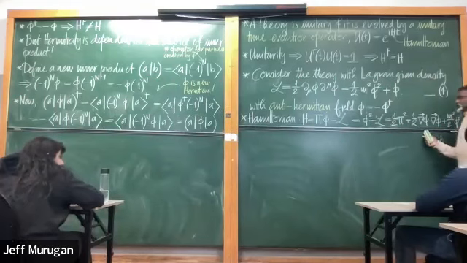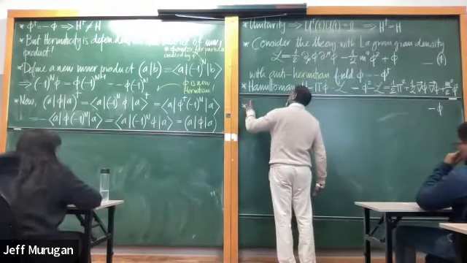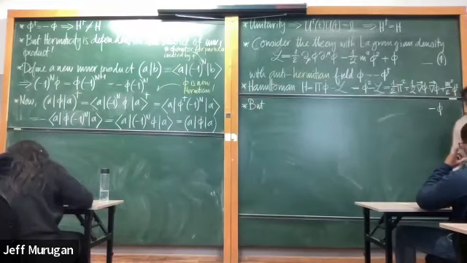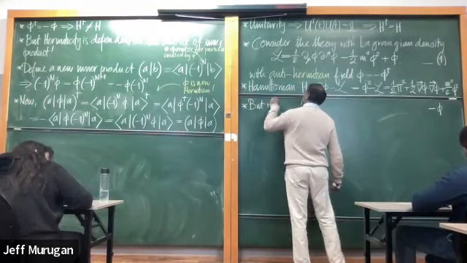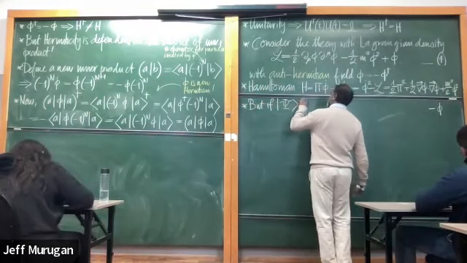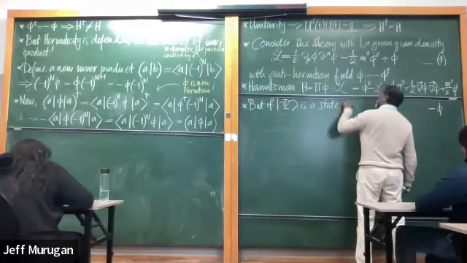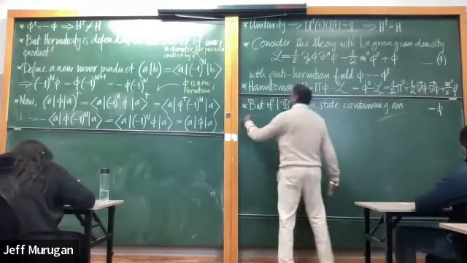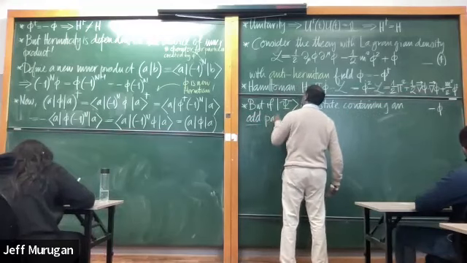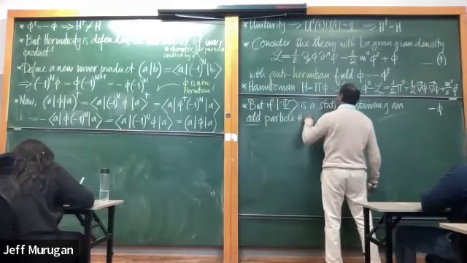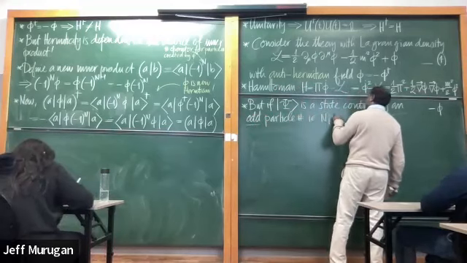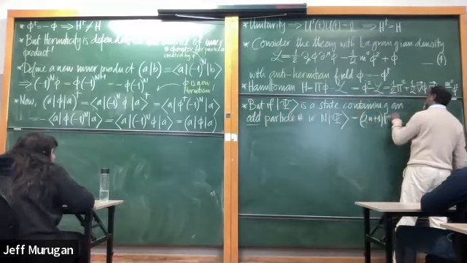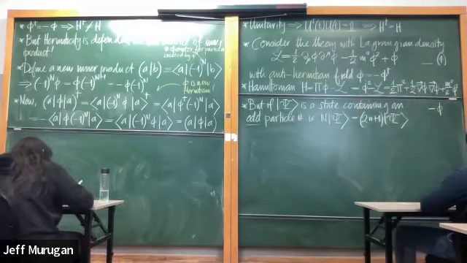So what's the problem? Because there's a problem. Well, the problem is that any state with an odd number of particles, so if psi is a state containing an odd particle number, in other words, the number operator acting on psi is some 2n plus 1 times psi, then the following is true.